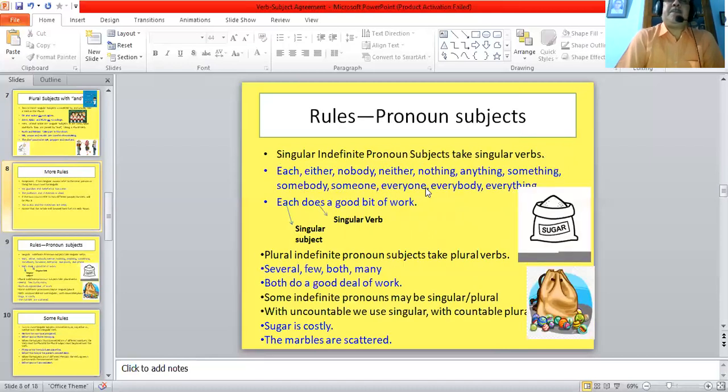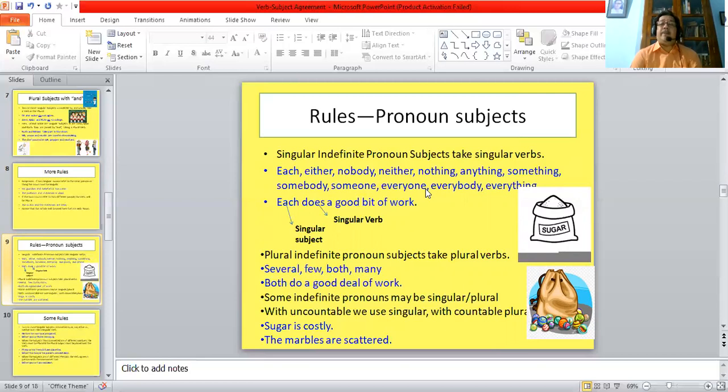Now, certain rules regarding subjects. Suppose the subjects are pronouns. Singular indefinite pronoun subjects will take singular verbs, like the following: each, either, nobody, neither, nothing, anything, something, somebody, someone, everyone, everybody, everything.